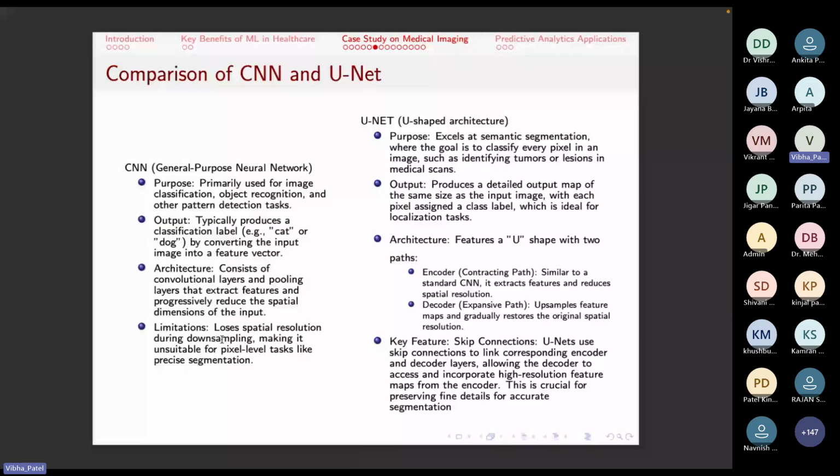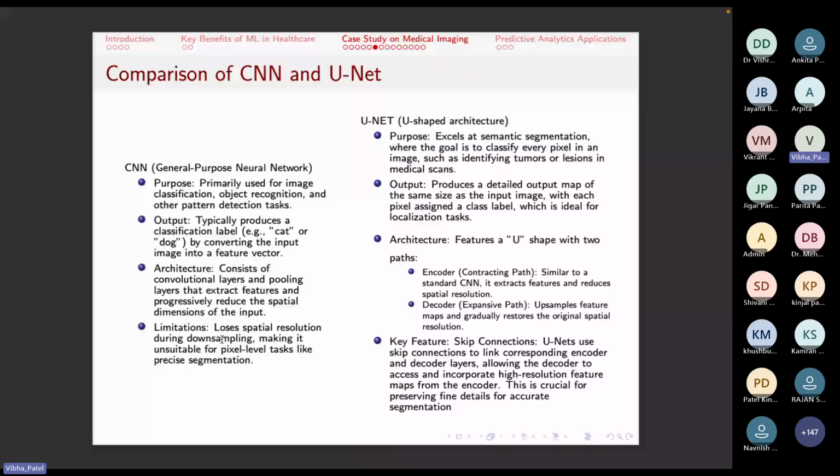You are not retaining the image size as it is in CNN. But in UNet, the output map is of the same size as the input image, with each pixel being assigned some class label, which is ideal for localization tasks. That is the main highlighting feature of UNet.